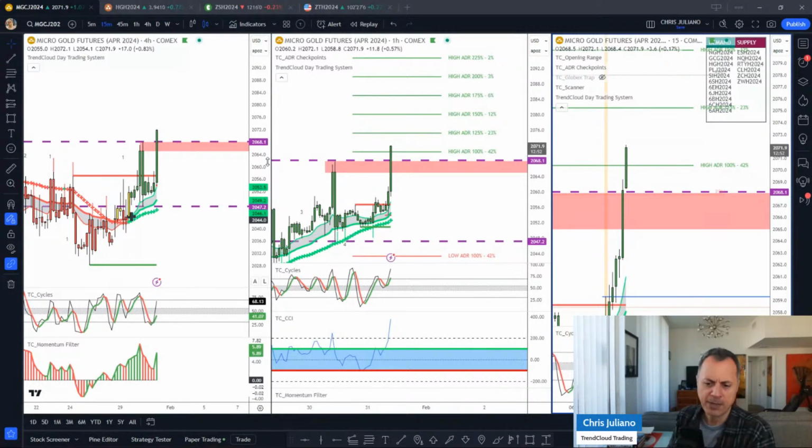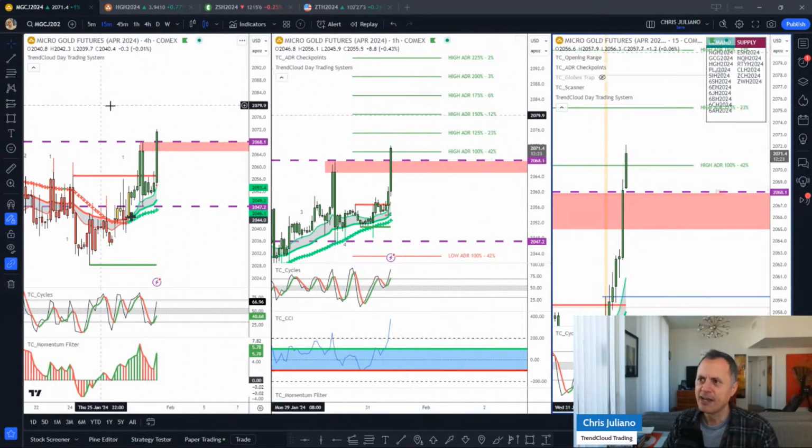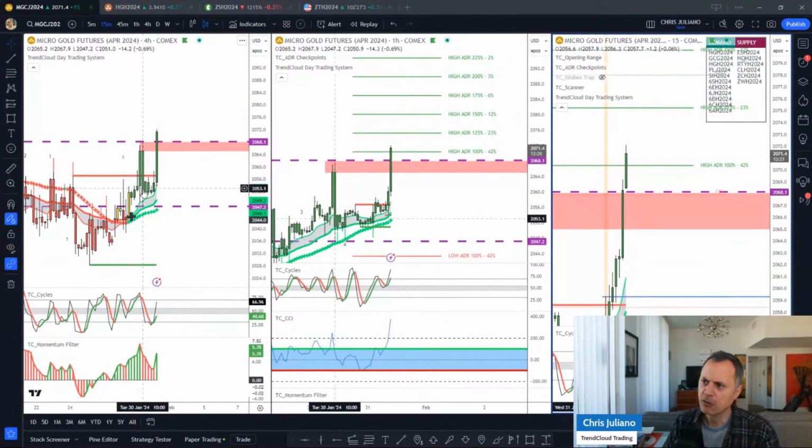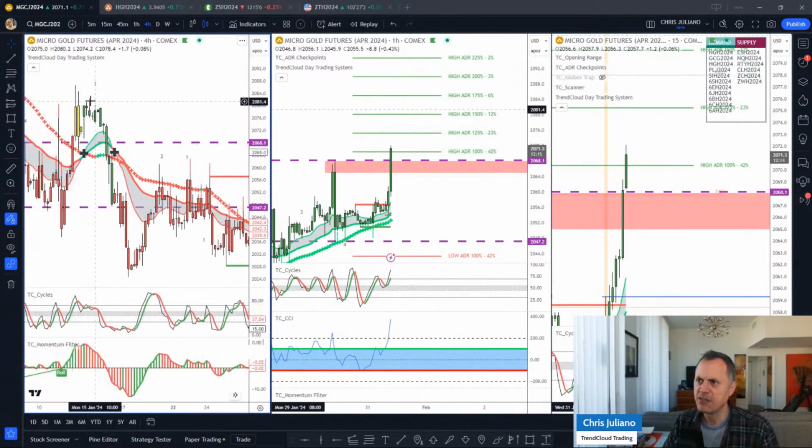Especially supply and demand, and the most visual TrendCloud signal that you can apply to supply and demand is probably that extended trend, right? You see a TrendCloud extended trend inside of a supply zone. Like you're going up, you become extended, and you look left and you see this supply zone here.